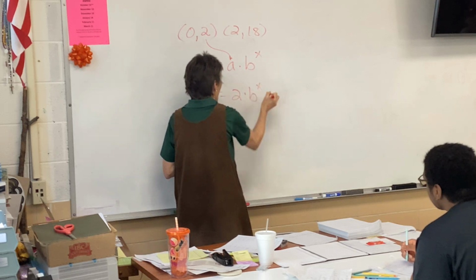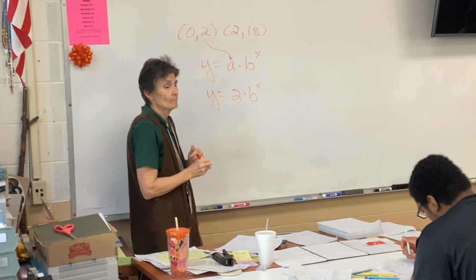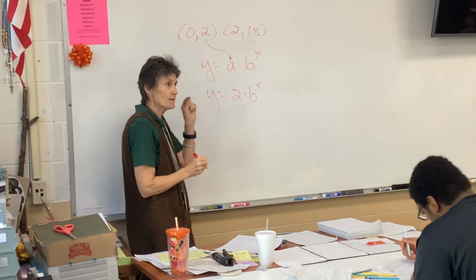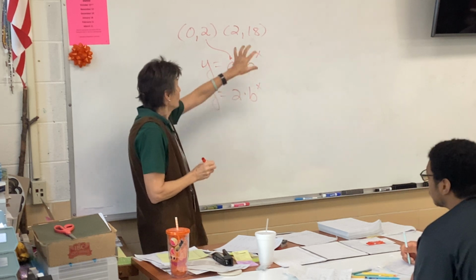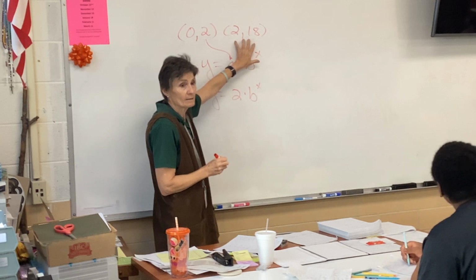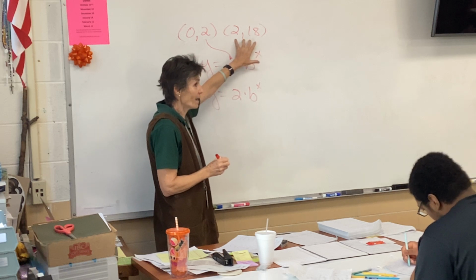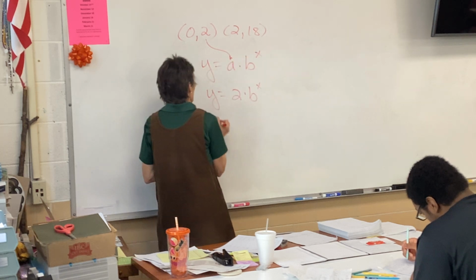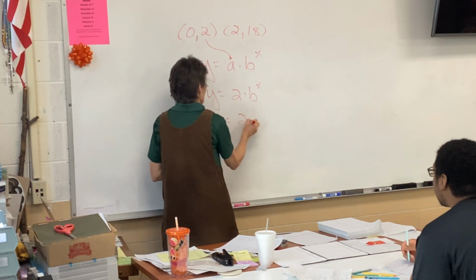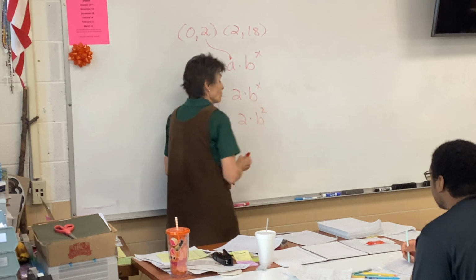So now what? Plug in. Some of you didn't know what to do at this point, so pay real close attention. Plug in the other one: plug in this x and this y. So 18 equals 2 times b squared.